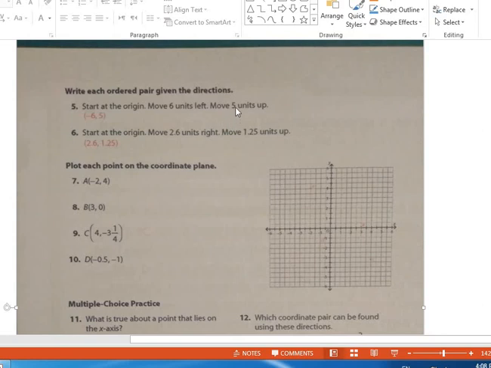Move 5 units up. Up means positive, so it will be negative 6 and 5. Start at the origin, move 2.6 units right. Right is positive, 2.6. Move 1.25 up, it will also be positive, because up is positive.